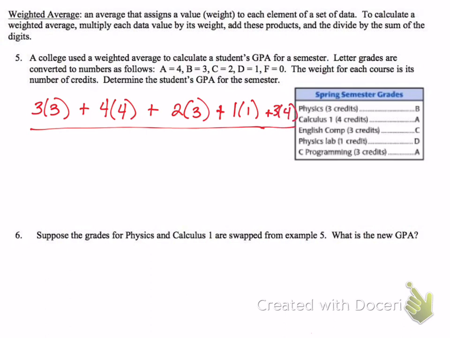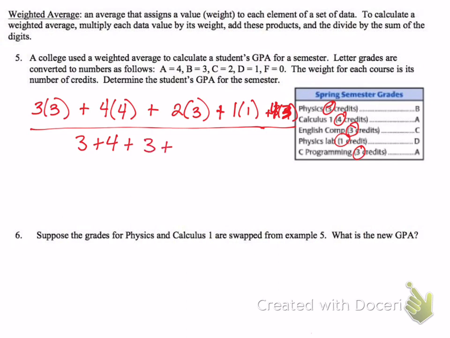Wait, I thought it was 4 times 3. Or 4 times 3, either way. It's the same thing. I can write it as 4 times 3 if that makes you feel better. All right, then I'm going to put that over the number of credits. So I'm going to add 3 plus 4 plus 3 plus 1 plus 3.